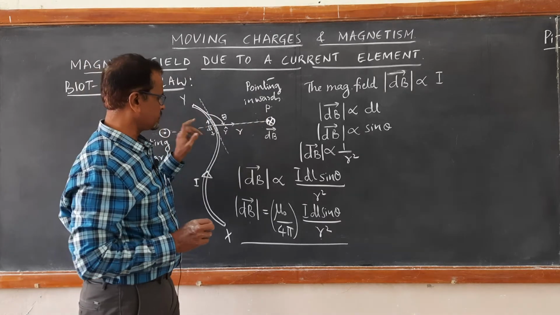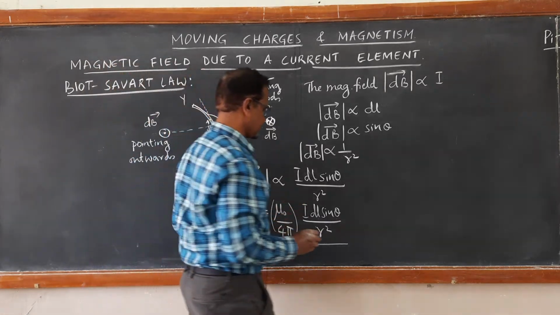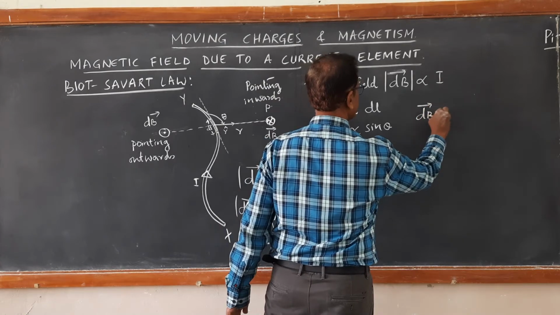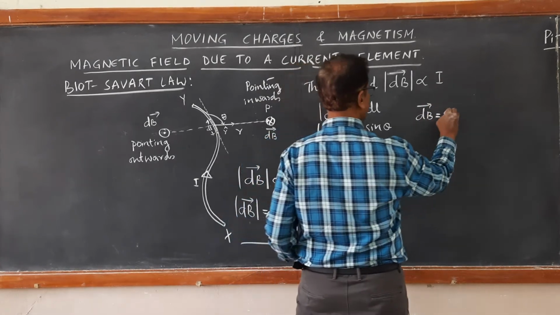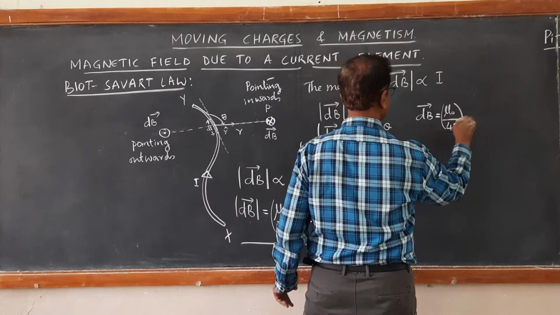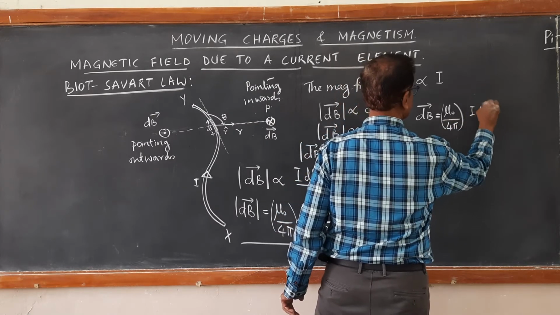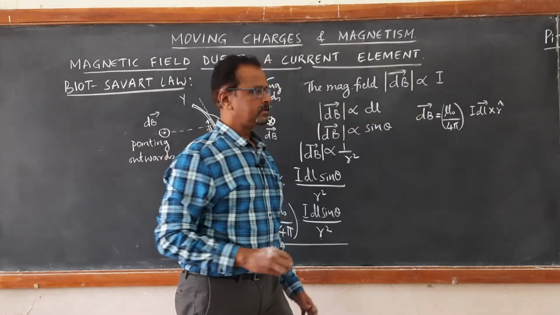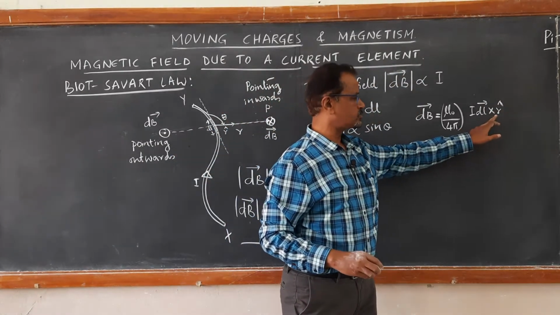So I can write the same equation as dB vector equal to mu naught by 4 pi into I dl vector cross r unit vector. It is a cross product.